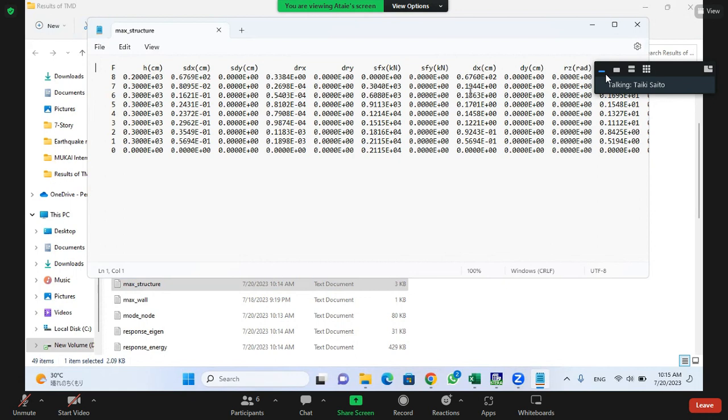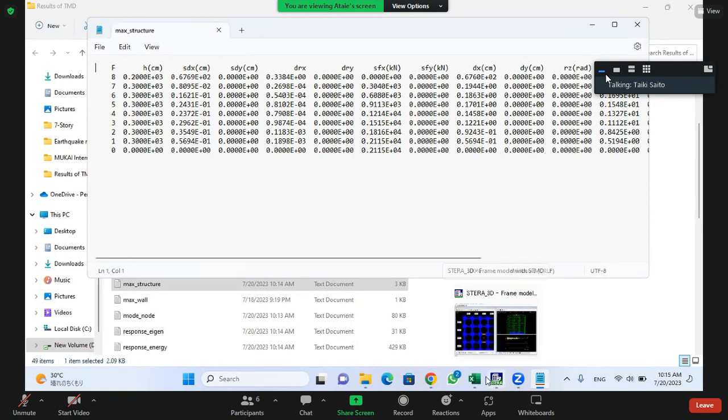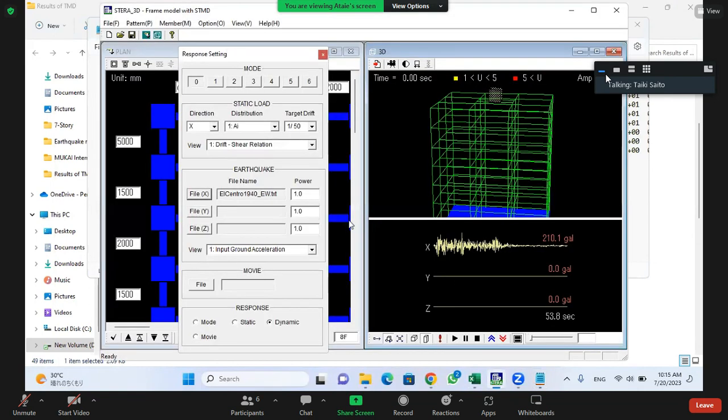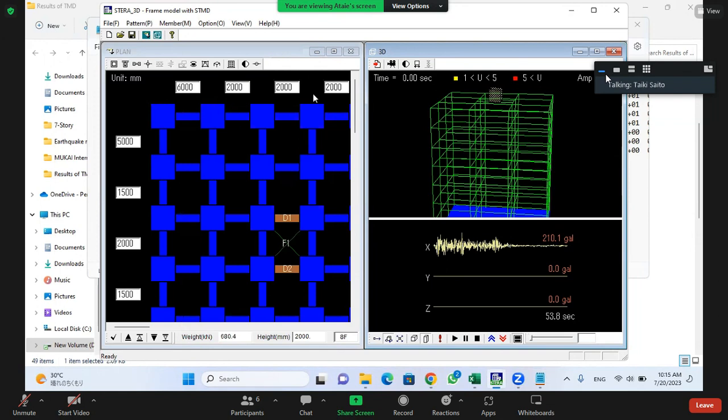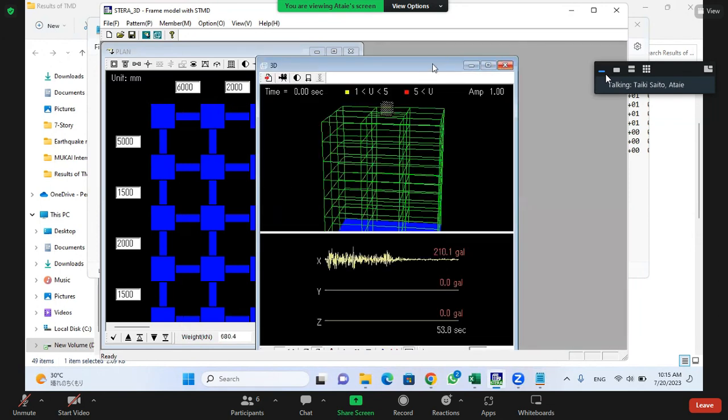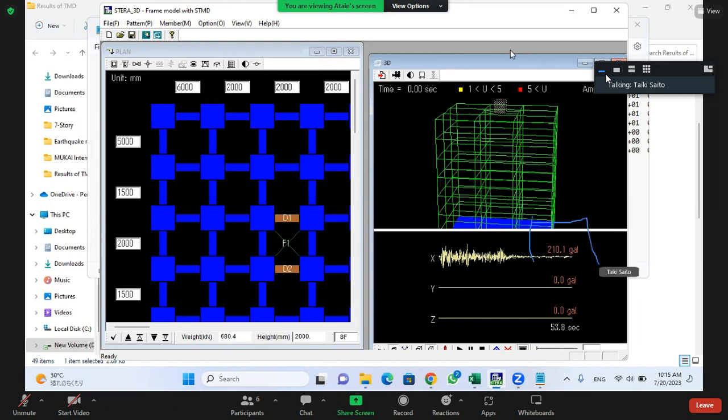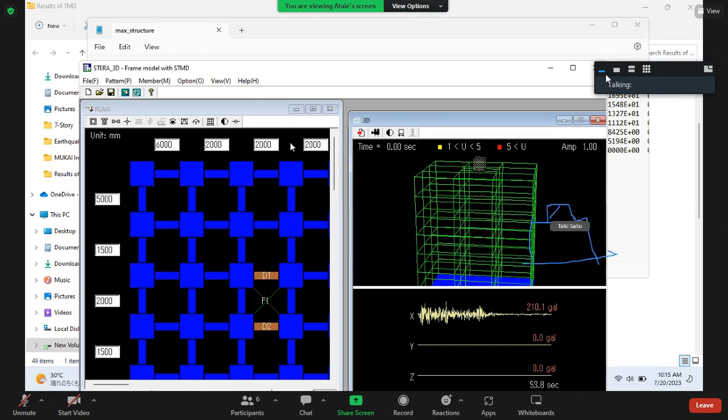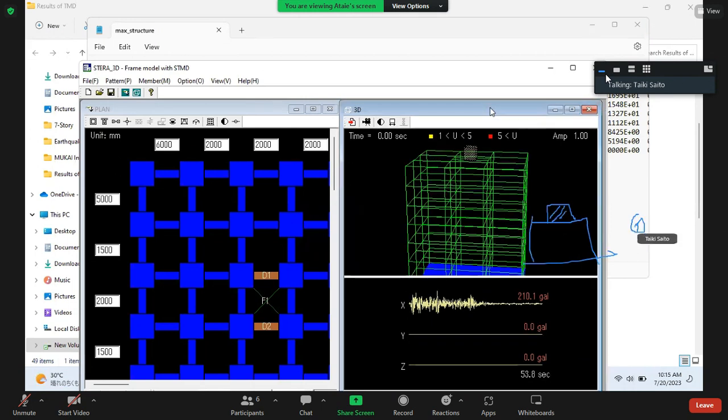Let's see. Okay, let's do like this. One story building, one is frame. So this is, for example, a one story building with TMD on the top. And another one is a lumped mass model with TMD on the top.